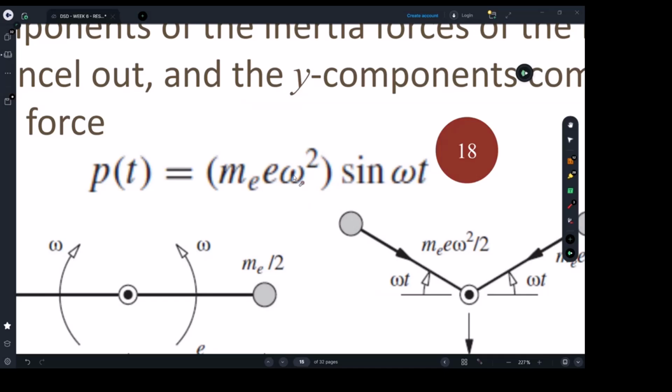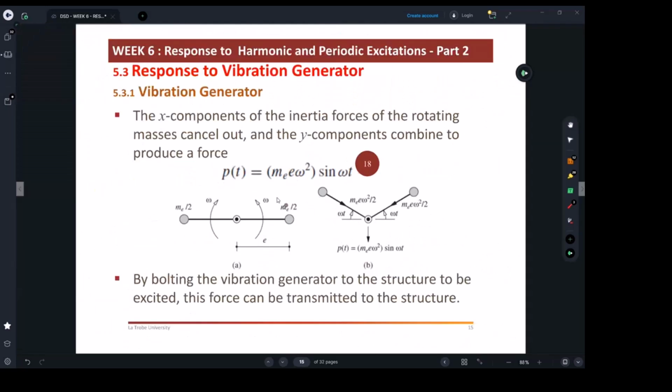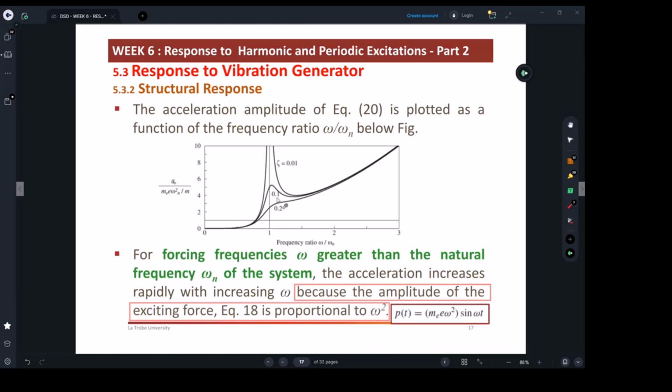With the vibration generator, it's heavily a function of the mass. When the mass increases, the frequency is going to increase, and it's not just increasing by a normal amplification; it's increasing with the power of two. So it's an abrupt increase.